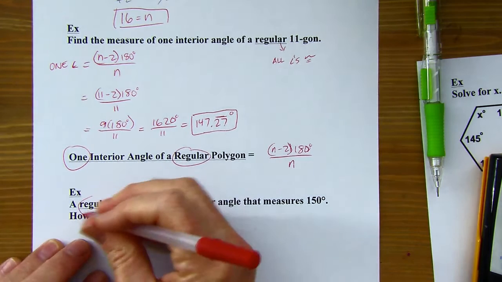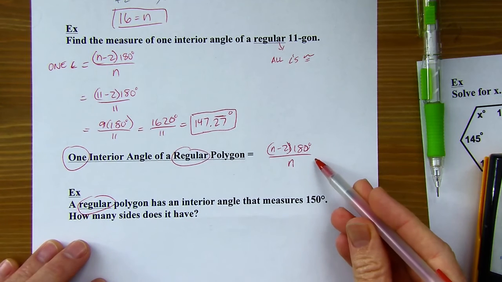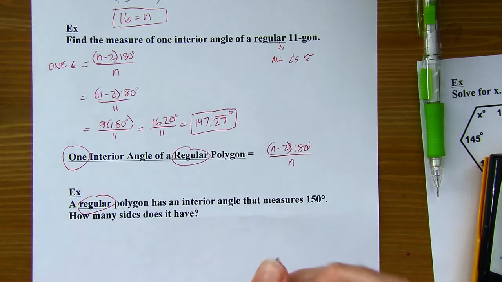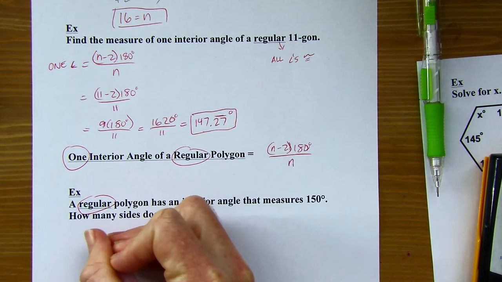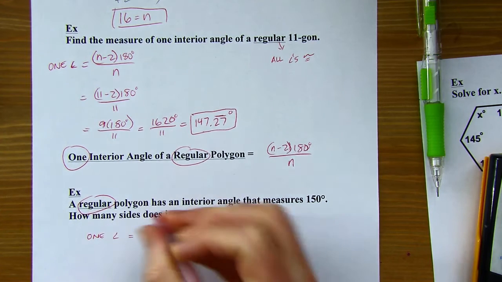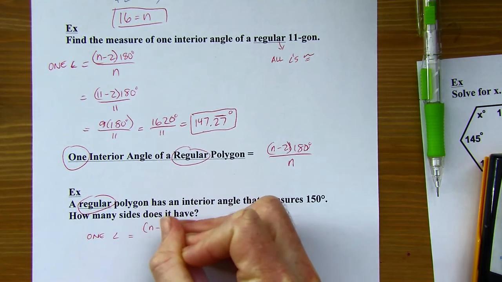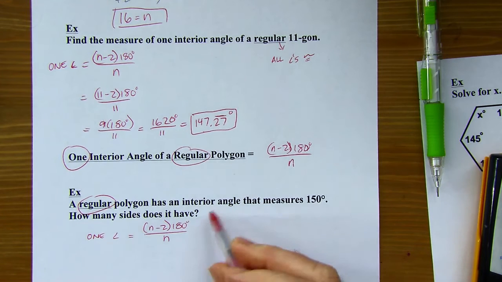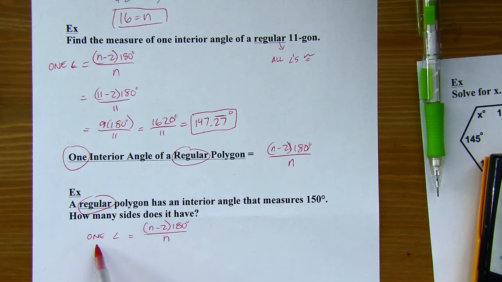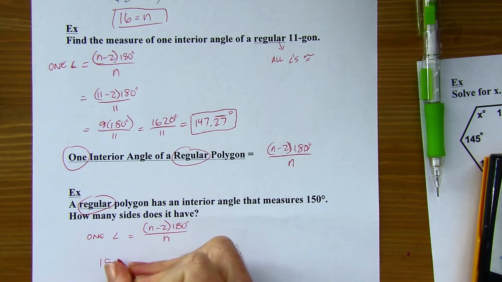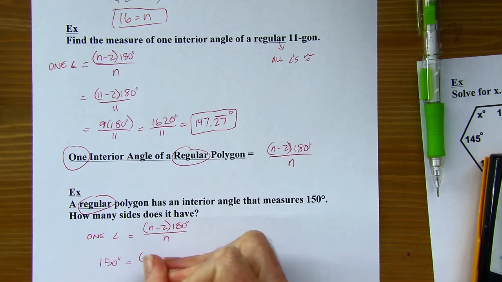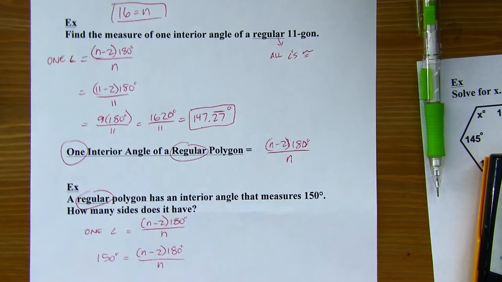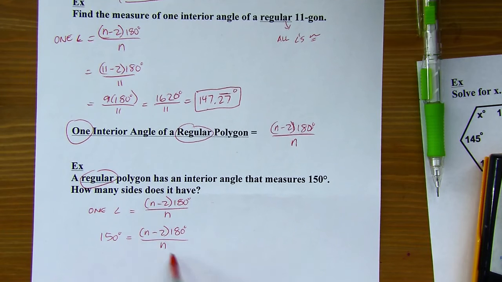Okay, so again, this is a regular polygon, so I'm thinking, okay, let's use this formula. So I'm just going to say one angle, let's think what we know here. It has a measure of 150, so I know what the one angle is equal to. This one is a little trickier than the other problems to solve because I've got two different n's.